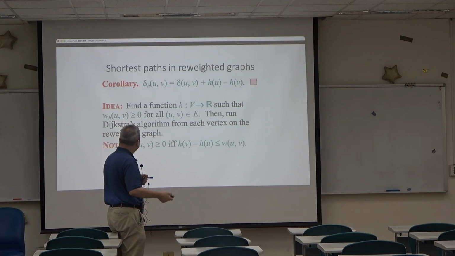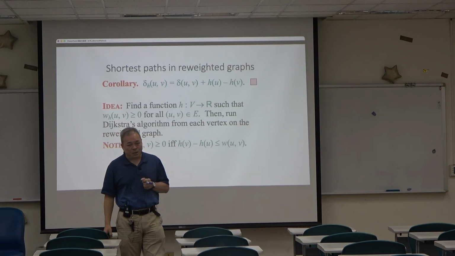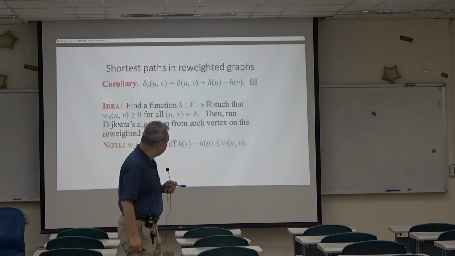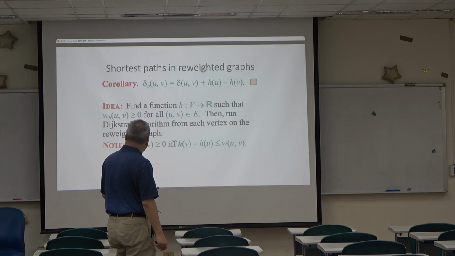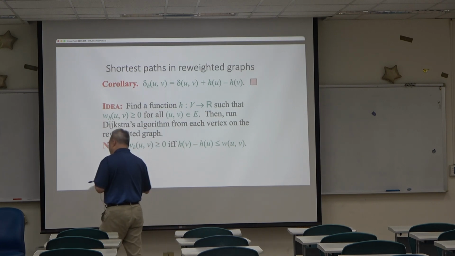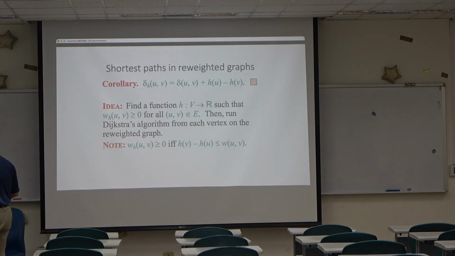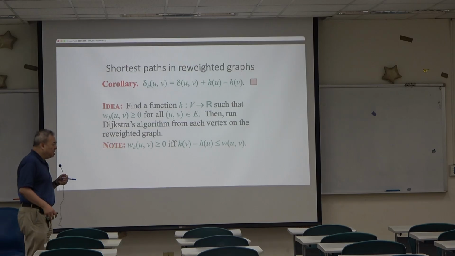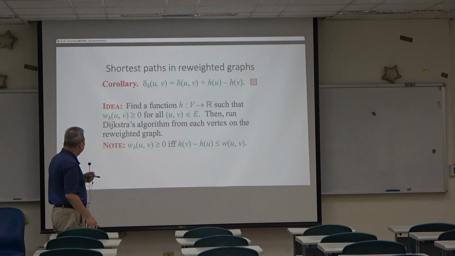So the idea is, if we are able to find a function h such that after the reweighting every edge weight is greater than or equal to 0, then obviously we could just run Dijkstra from each vertex of this reweighted graph to obtain the shortest path for all pairs.